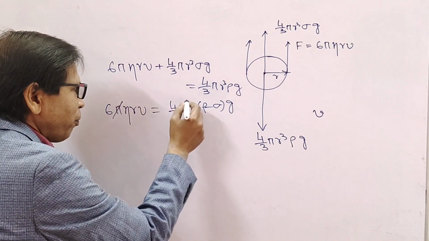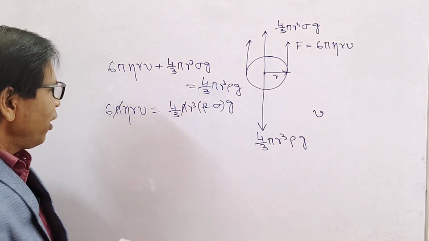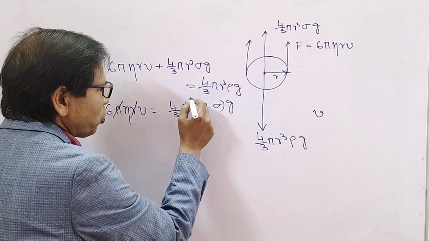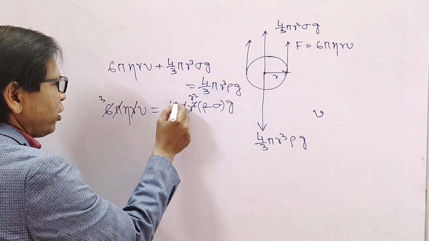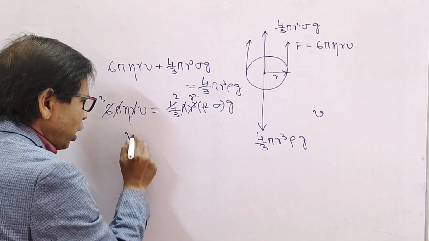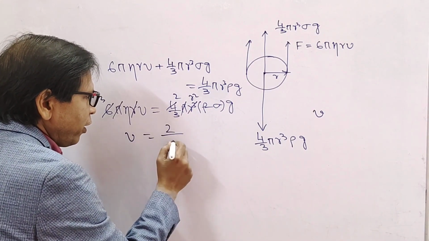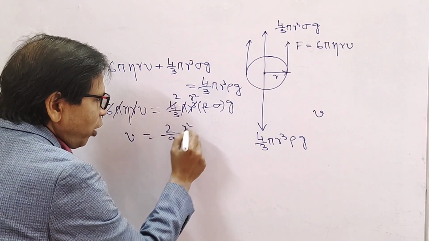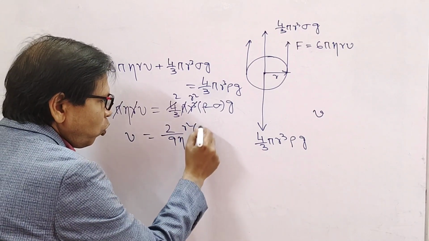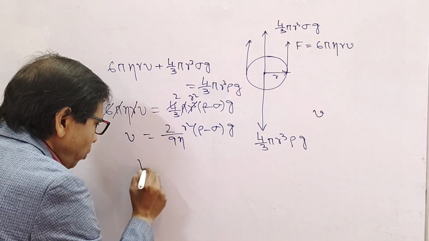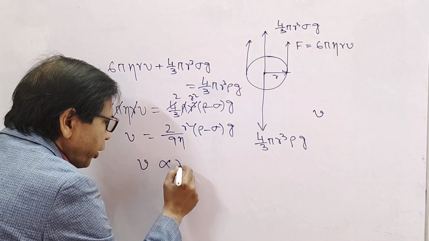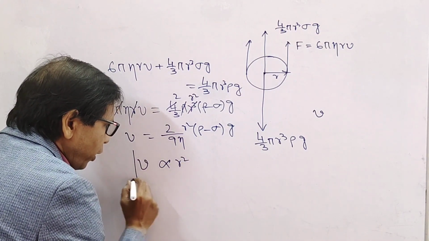Now pi cancels out, and r and r cube give r square, and 3 and 2 give 2 by 9. So v equals 2 by 9 r square by eta into (rho minus sigma) into g. So terminal velocity v is directly proportional to r square.